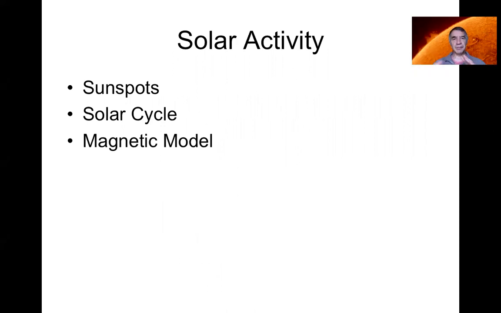So today we want to focus on the activity happening in and around the photosphere and the corona. That will lead us first to talk about sunspots, then to talk about the cycle of sunspot behavior, and then we'll try and pull all that together in a model that attempts to broadly explain how all of this activity works.